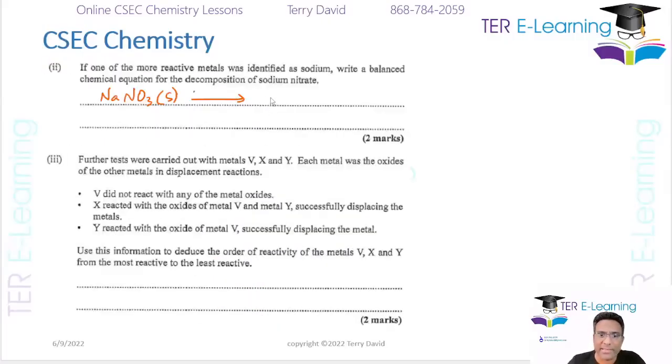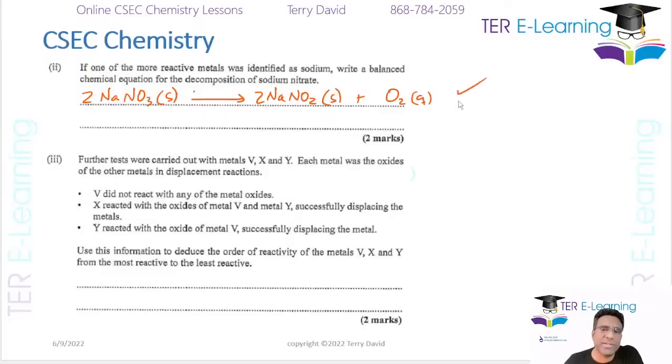What may have given you a little trouble was the formula for the nitrite, which is NaNO2 solid, plus oxygen gas. So that's your reaction there, and they want a balanced chemical equation. This is not balanced. If I put a 2 here and a 2 here, is that balanced? 2 sodium, 2 nitrogen, 2 nitrogen. 3 2s are 6 oxygen on the left, 2 2s are 4 and 2 is 6.